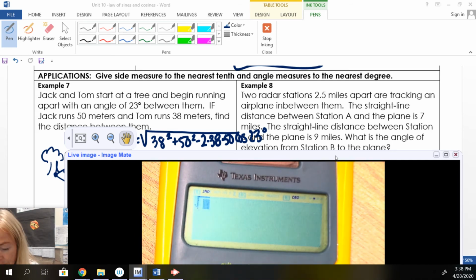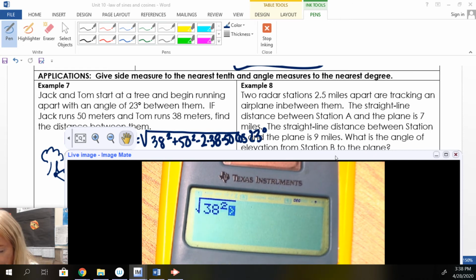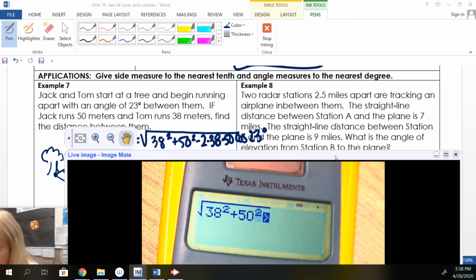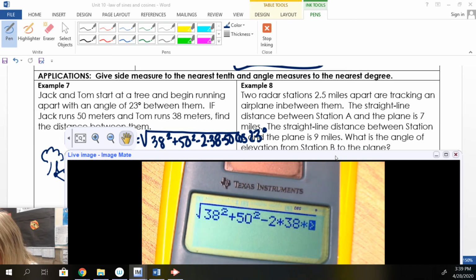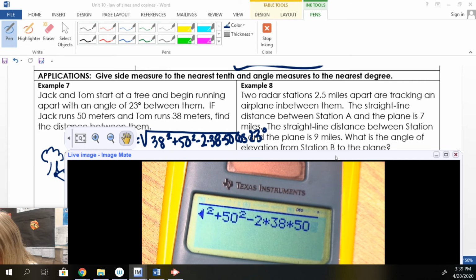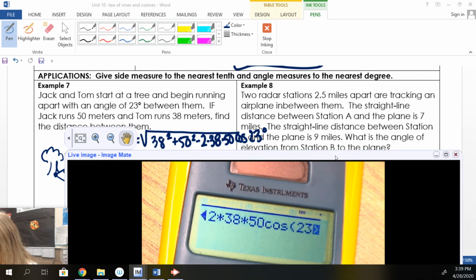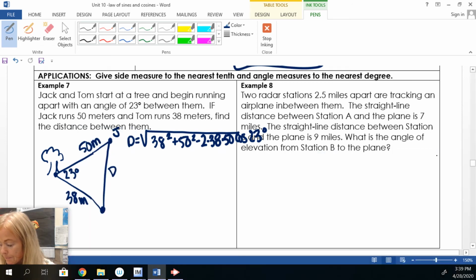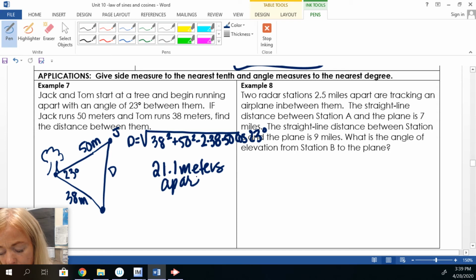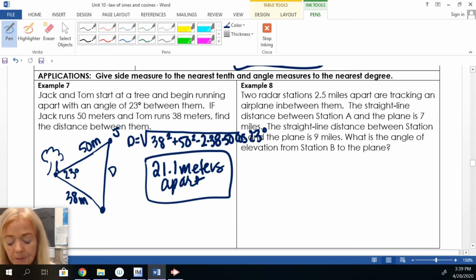Square root 38 squared plus 50 squared minus 2 times 38 times 50 times the cosine of 23 degrees. All right, so they are 21.1 meters apart, which is pretty cool that you can figure that out.